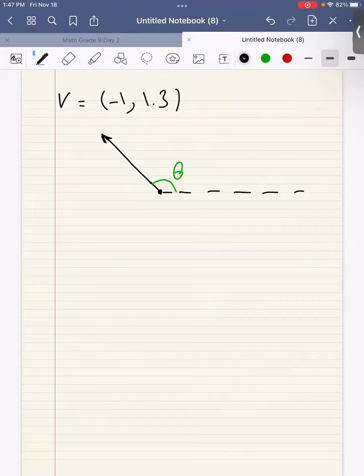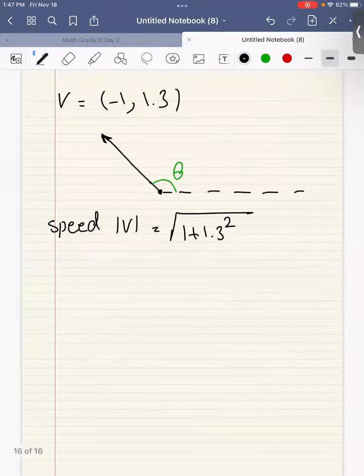So the speed, which is the magnitude of velocity, is the square root of 1 plus 1.3 squared, which is about 1.6 meters per second.